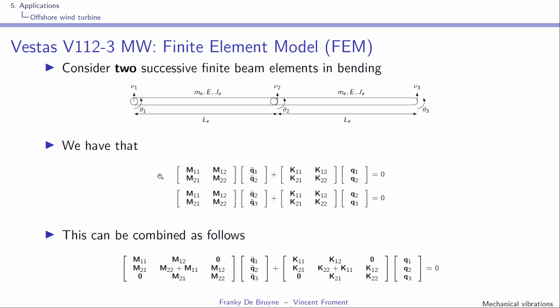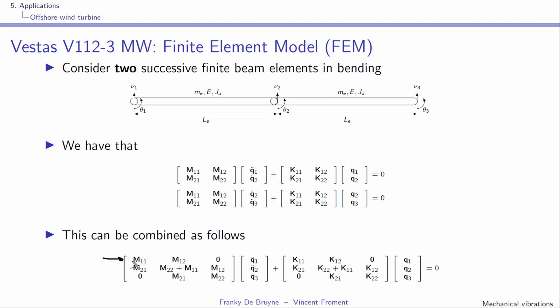If you want a global description, it's kind of juggling with these matrices, and you'll see that you can rewrite this as follows. It's kind of easy to see what's happening, right? The first line over here, M11 Q1 double dot, M12 Q2 double dot, and so on, you can find over here.